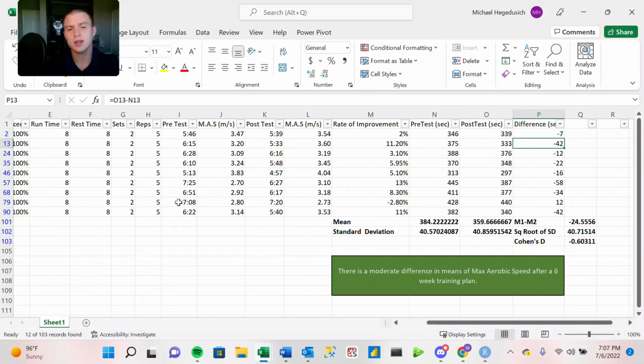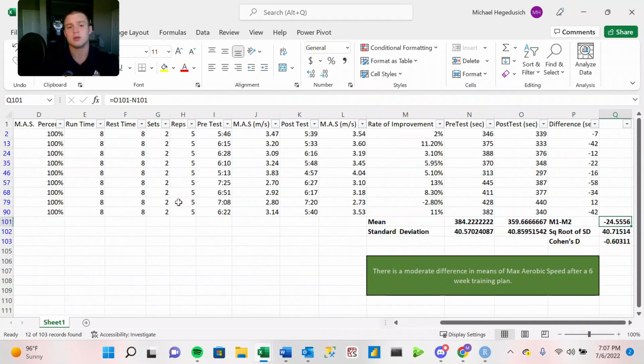So when we look at the means, or the average, of their max aerobic speed at the beginning, on average they took 384 seconds, and in the post-test they ran in, on average, 359 seconds. So on average, our athletes got 24 seconds faster during a 1,200 meter run.